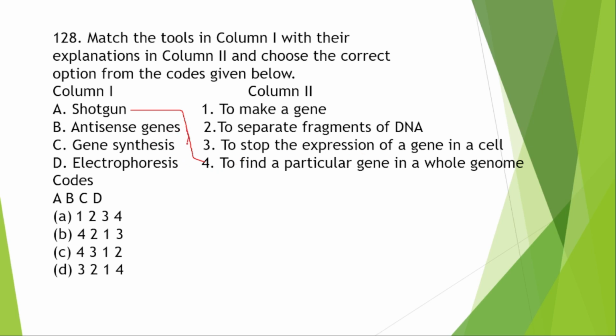So B is 3. 4 and then 3. Gene synthesis is to make a gene, and electrophoresis is to separate the fragments of the DNA. So the right option is C.